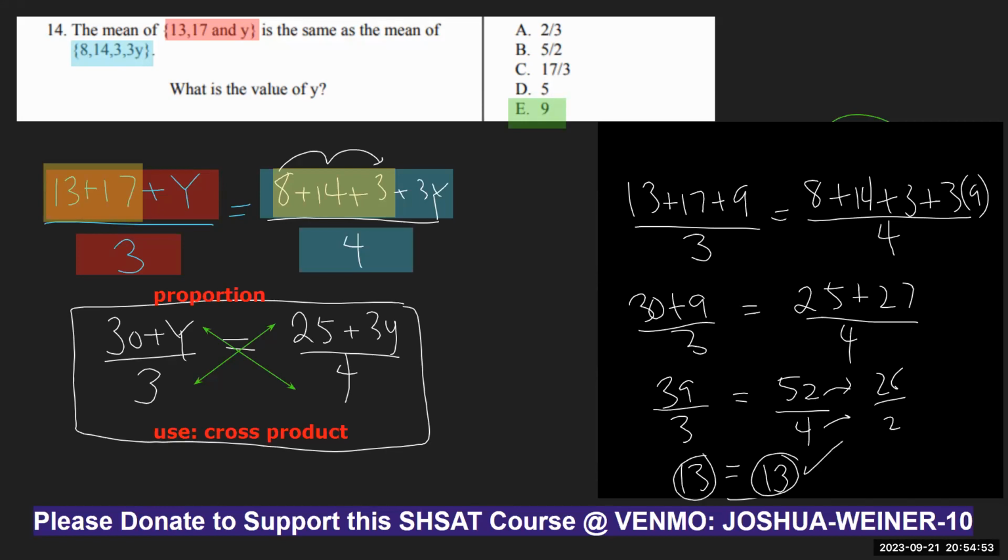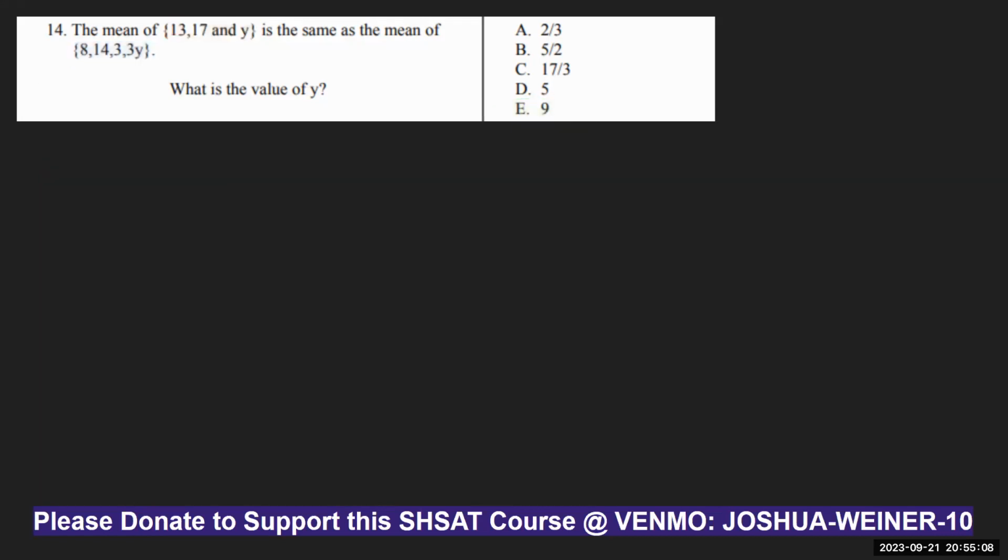So that does achieve balance for the proportion. 9 was the correct value for y. All right, any questions on number 14? All right, let's keep going.